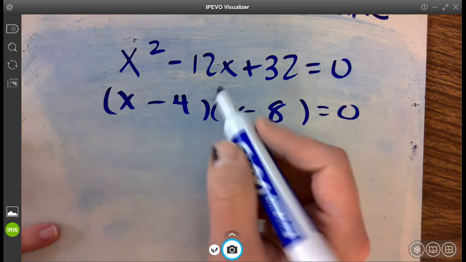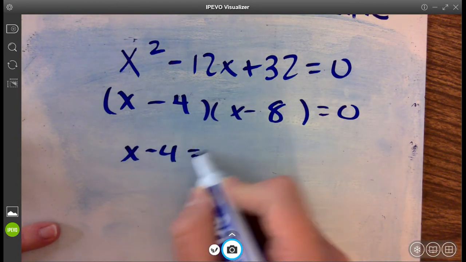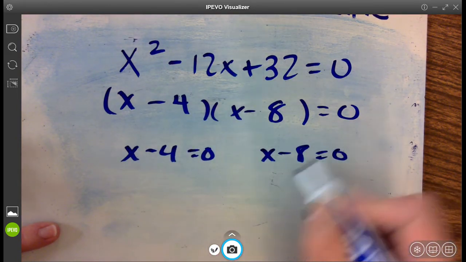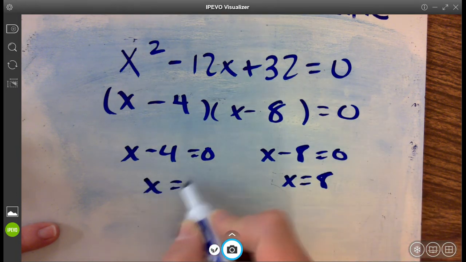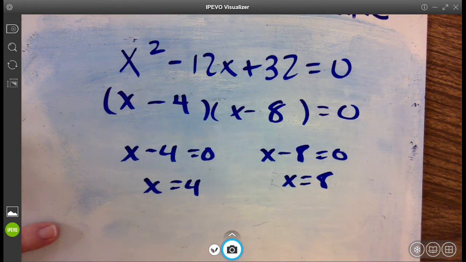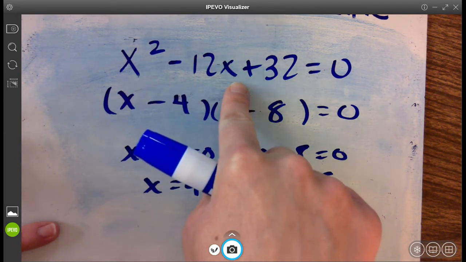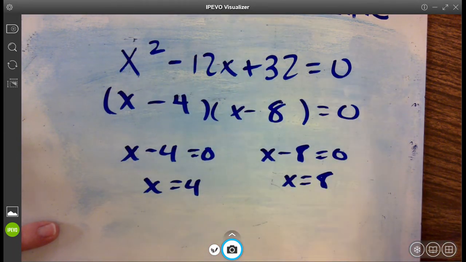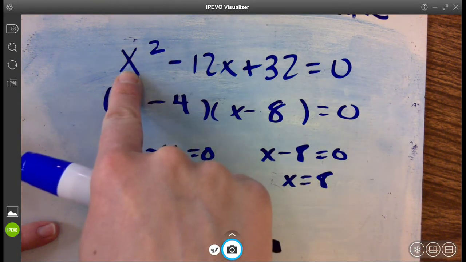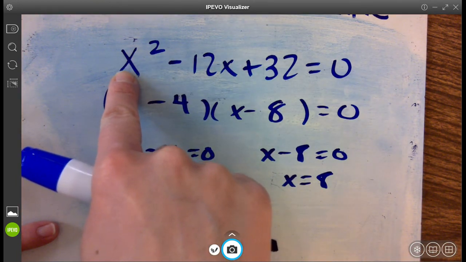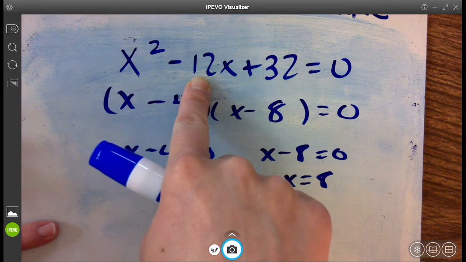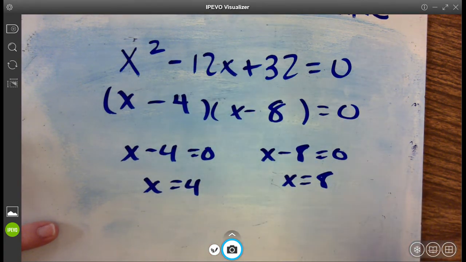All right, now we set each piece equal to 0. And we solve. That's our answer. So if I put 4 back in here, 16 minus 48 plus 32, I'm going to get 0. 8 squared is 64, minus 96 plus 32, you're going to get 0.